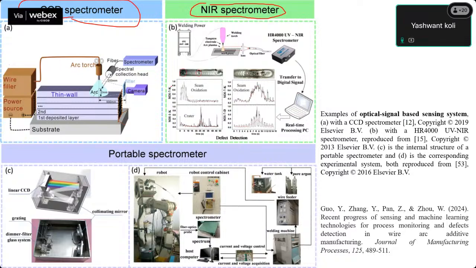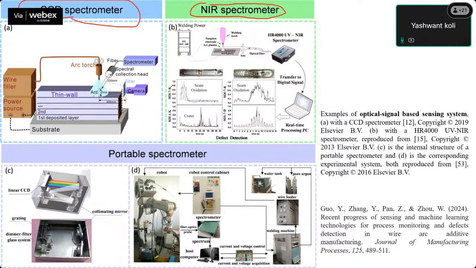Optical sensing technologies, mainly using spectrometers and optical fibers, are widely adopted in monitoring welding and WAAM processes. If we integrate these sensors, we can get the optical data. These provide non-contact, real-time, and cost-effective defect detection, particularly for porosity, lack of fusion, oxidation, and surface contamination. So we can get real-time data for these things.